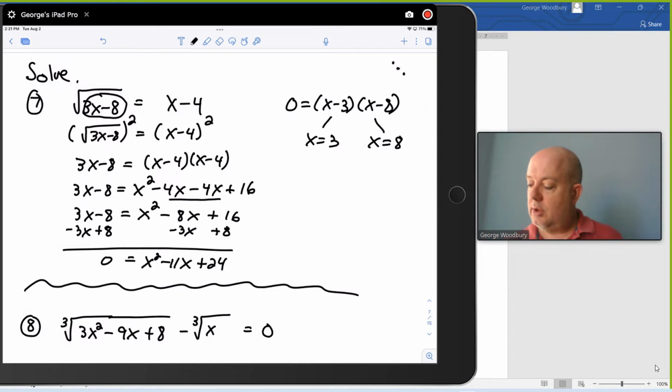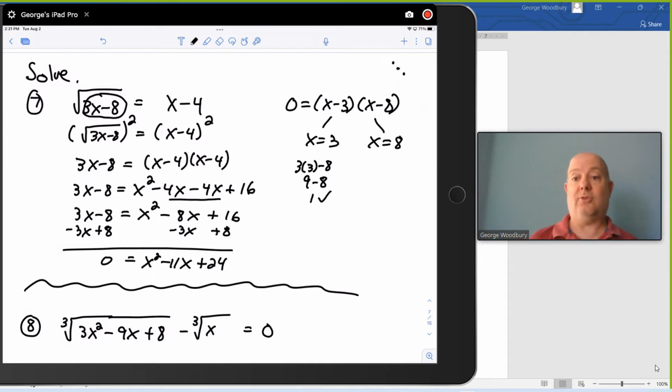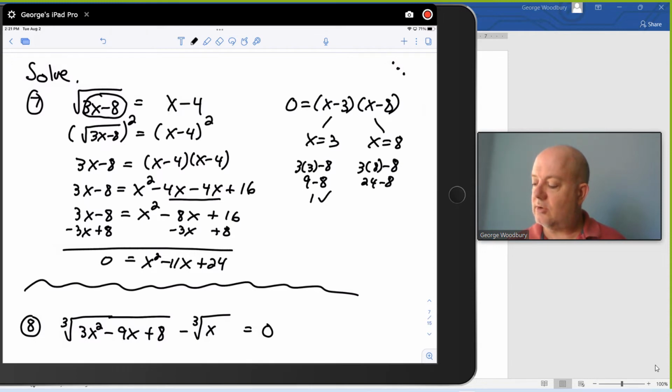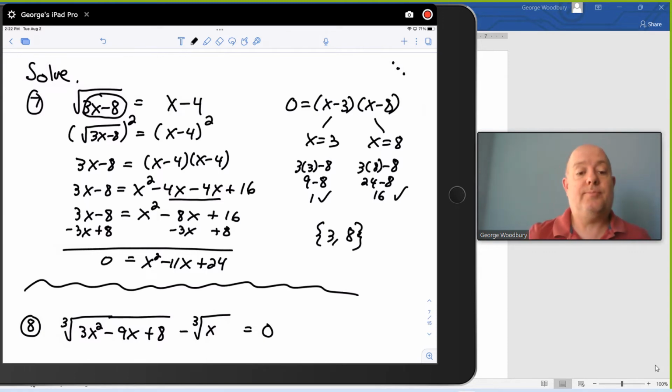For 3, that's 3 times 3 minus 8, 9 minus 8. That's positive 1. That's okay. For the 8, 3 times 8 minus 8 is 24 minus 8, or 16. That's positive, and that's okay as well. So my two solutions here are 3 and 8.